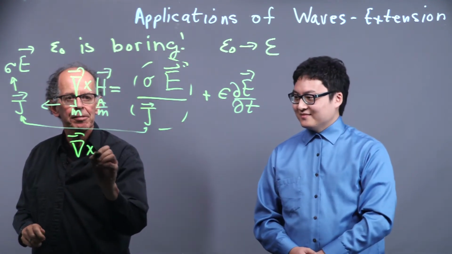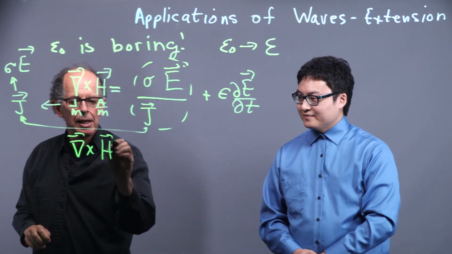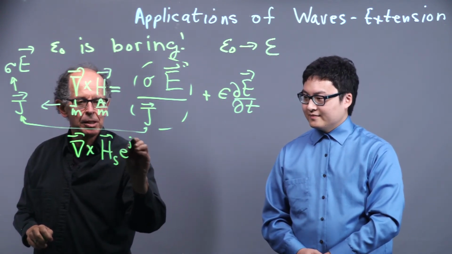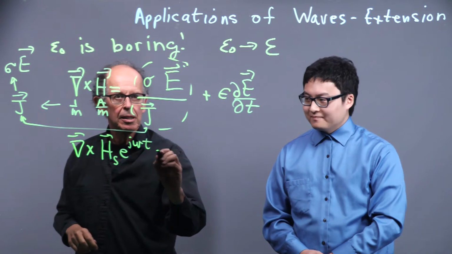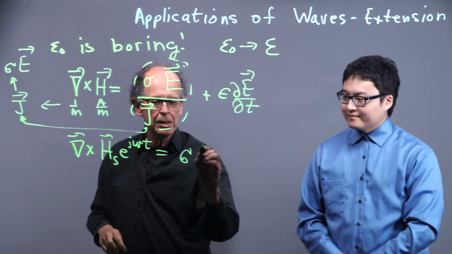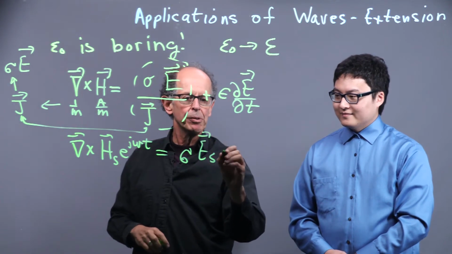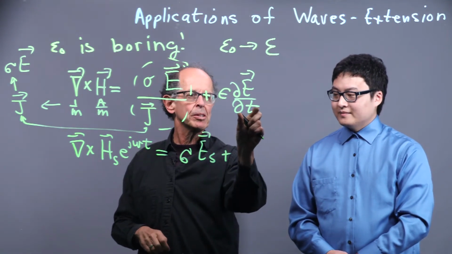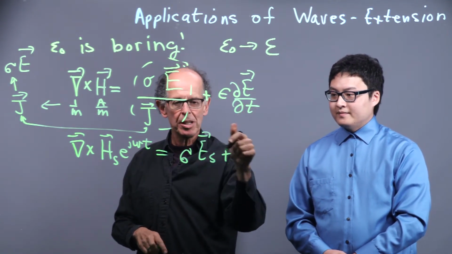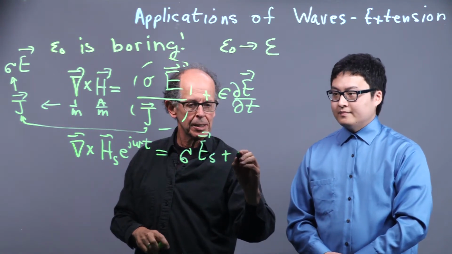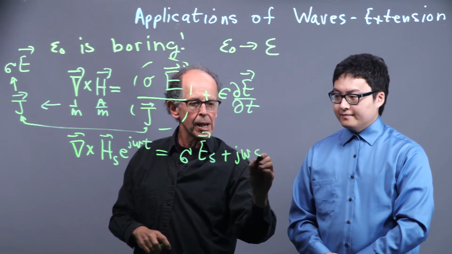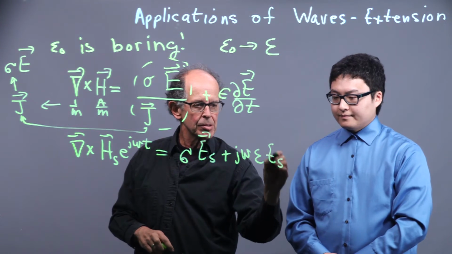Curl of H_s e to the j omega t equals sigma E_s plus, now when we do phasor, the time derivative brings down a j omega, so we get j omega epsilon E_s.